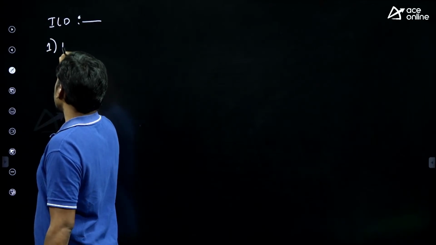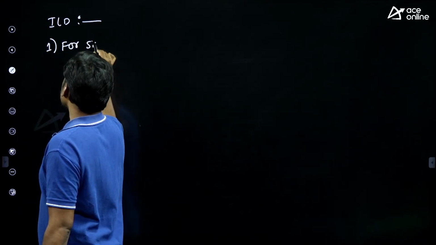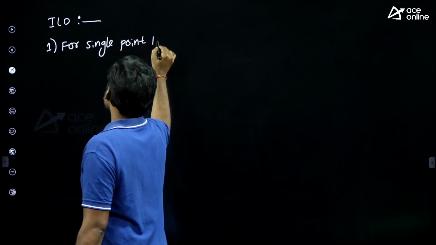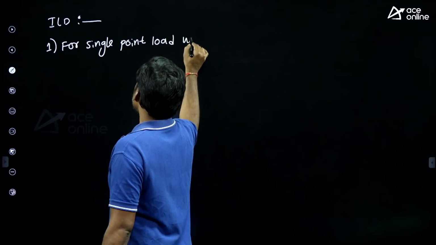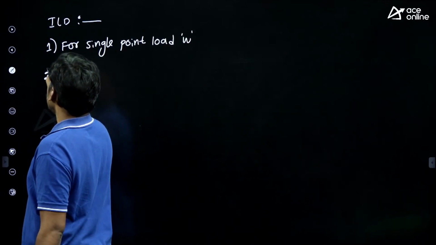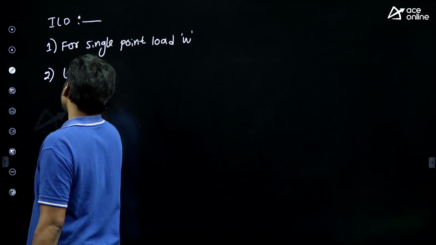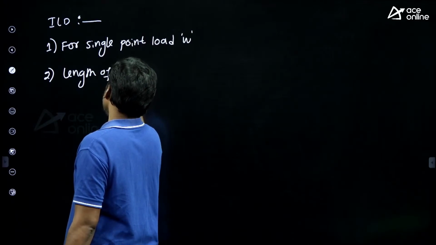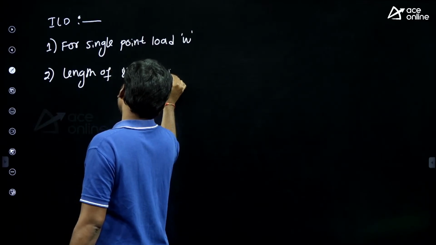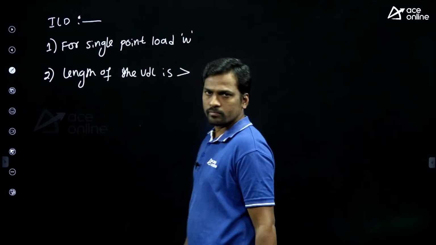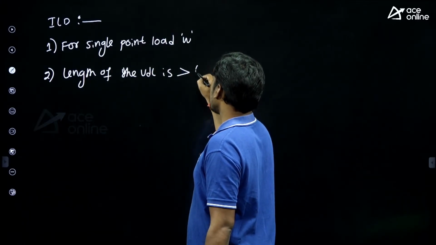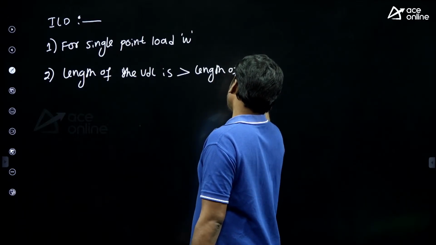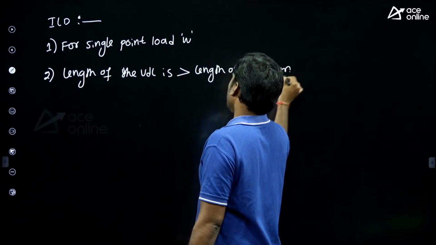First case is for a single point load W. Then second, the length of the UDL is greater than the length of the beam.